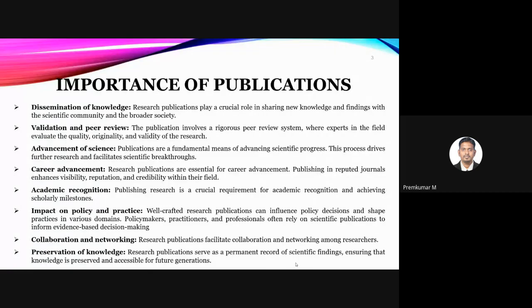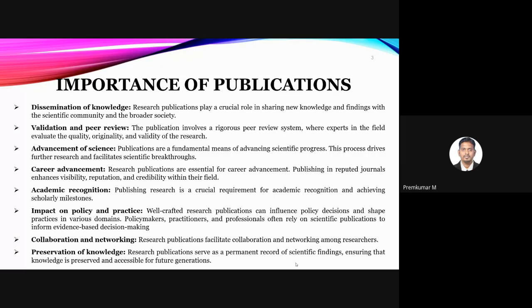So the very first thing is dissemination of knowledge. When we do something, it needs to be disseminated to the research community or the scientific community, so that it reaches multiple people and they can also start working on it. And when we do research, it needs to be validated, and this validation happens through a peer review system.